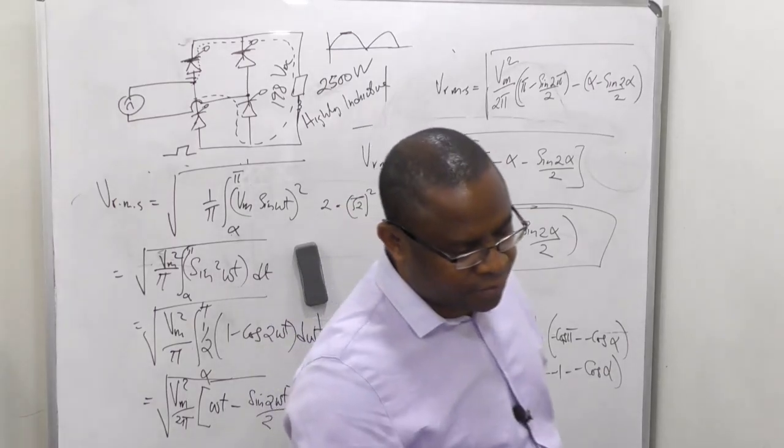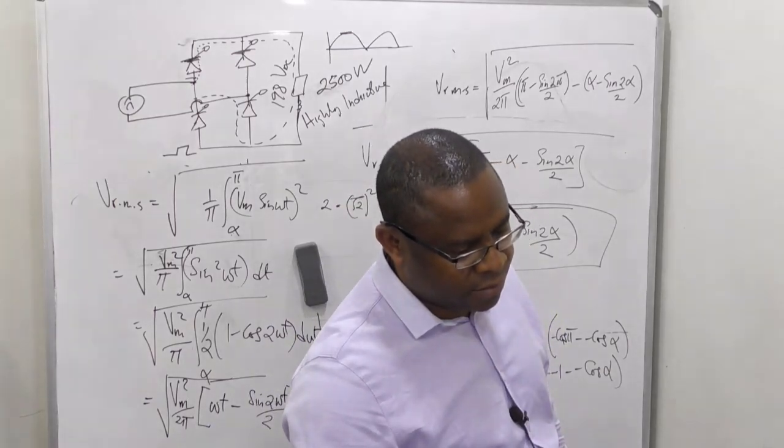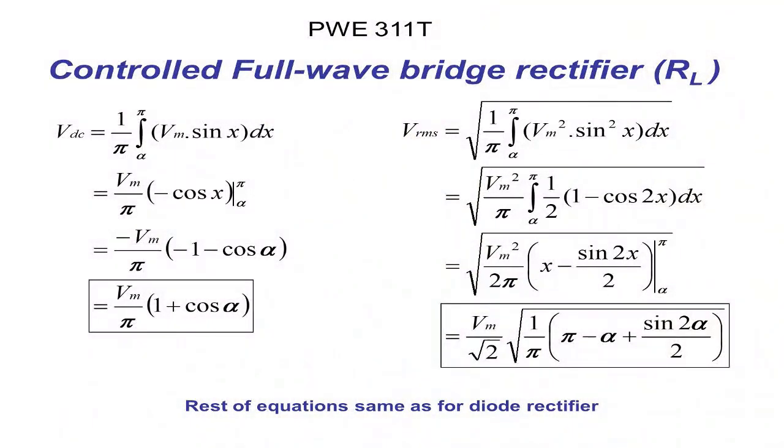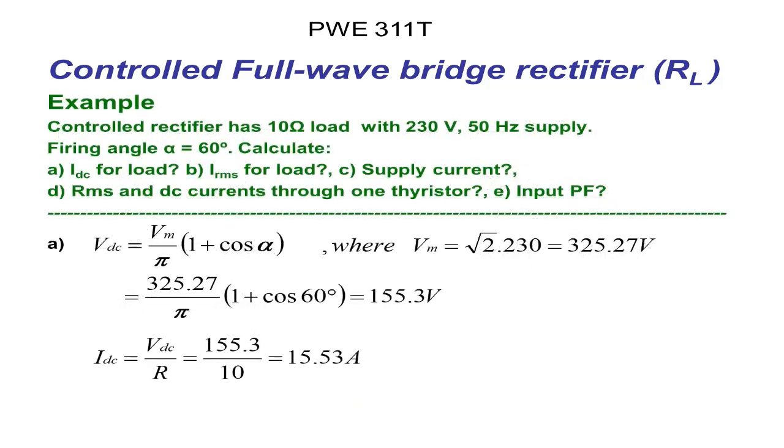So let's look at our equation. Remember that the rest of the equations are the same as for the diode rectifier, all the equations in terms of TUF, the efficiency, form factor, and the rest. So look at this question.